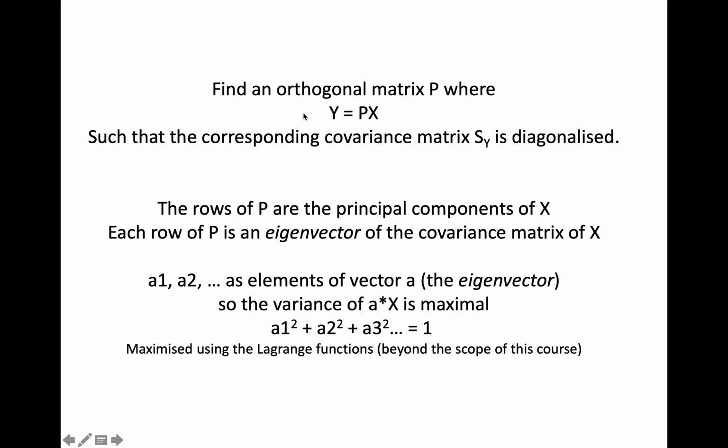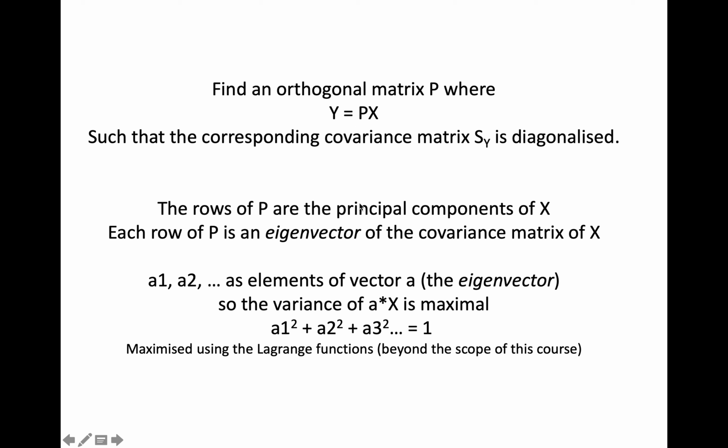So what I want to do is find an orthogonal matrix P, where P and X together give me Y, so that the covariance matrix of Y is now diagonalized. That is the whole point of these principal components or eigenvectors.